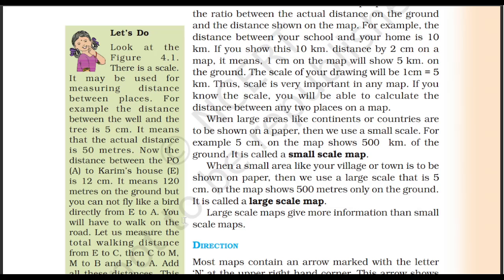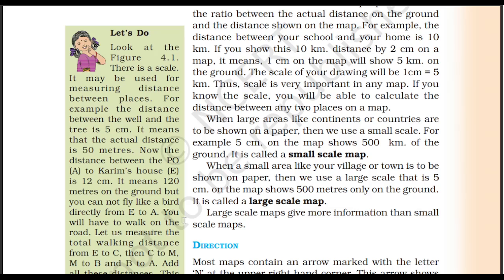Means in simple words, when the distance is very high on the ground and is represented on paper with a small centimeter or small distance, then this map or this scale is called a small scale.